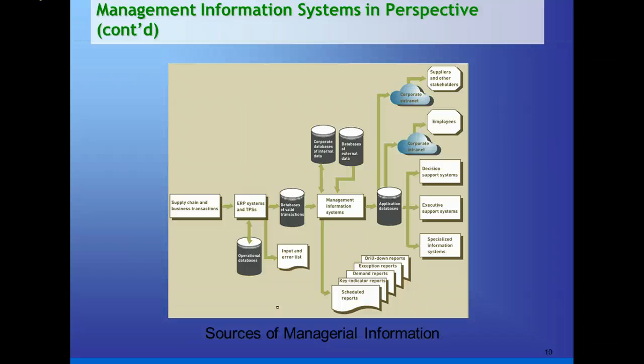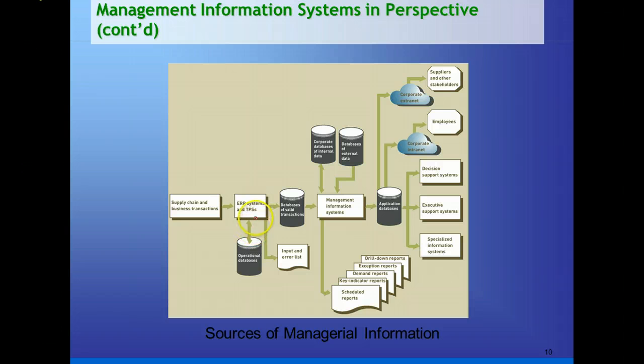Again, this is the entire flow chart to illustrate how a management information system fits into the whole picture. Initially, we first have our supply chain and business transactions, which are captured by our ERP systems and our transaction processing systems.